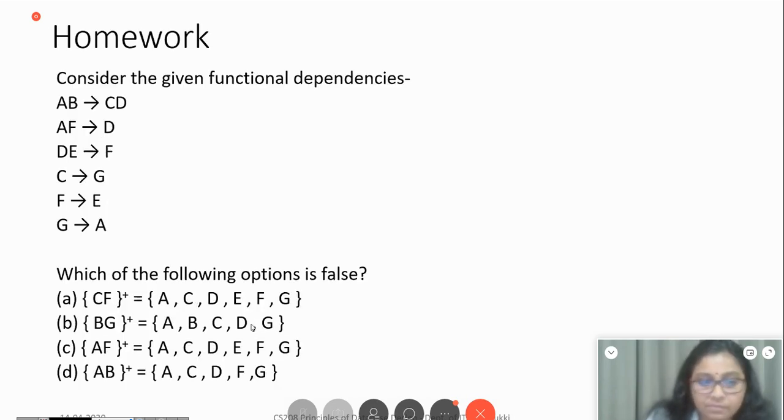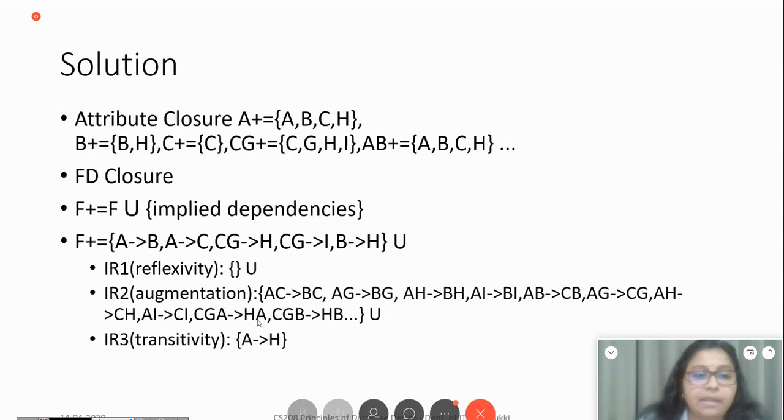Okay, IR1: based on the reflexivity property, I see the FDs that can be created from this FD set. Then based on IR2, the augmentation property, I see what new FDs can be created. So augmentation: A determines B. From that, I can infer these rules. AC determines BC, because I am adding the same attribute C on both sides of this rule.